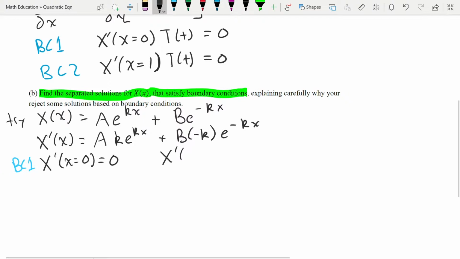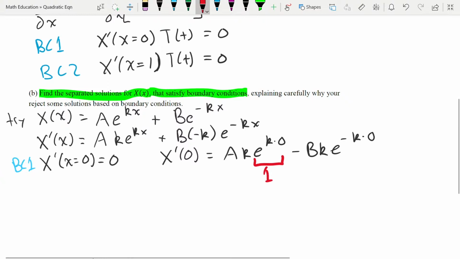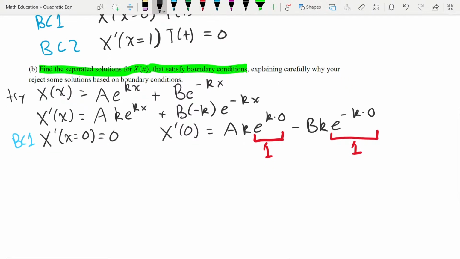For this particular boundary condition, that translates to X prime of 0 is equal to a k e to the k times 0 minus bk, because we're just popping that negative sign out, e to the negative k times 0. So this quantity simplifies to 1. This quantity simplifies to 1. And so for this boundary condition, we have X prime of 0 is equal to ak minus bk.